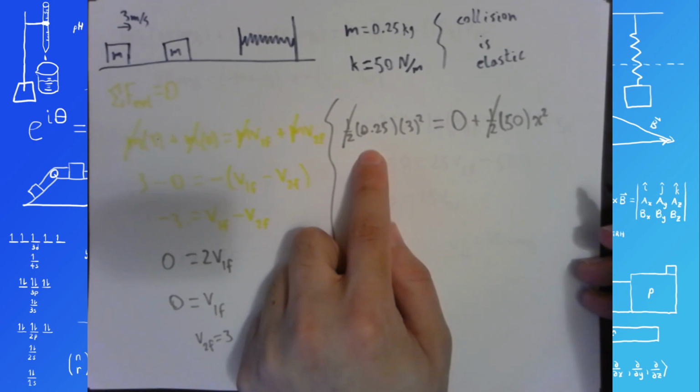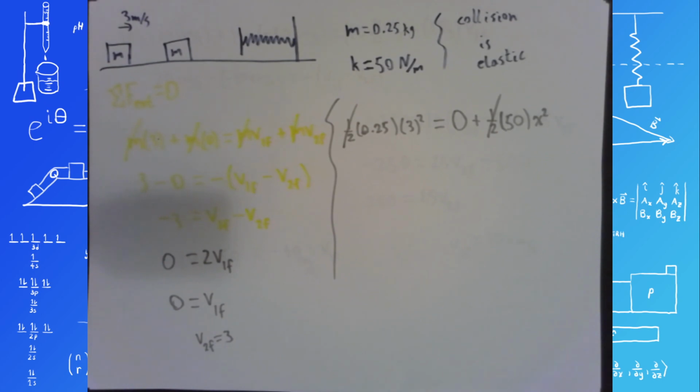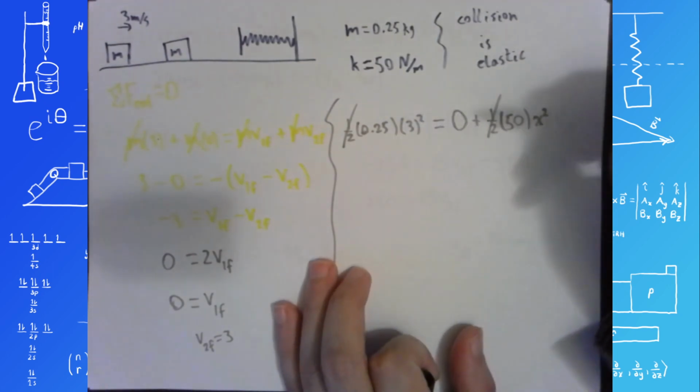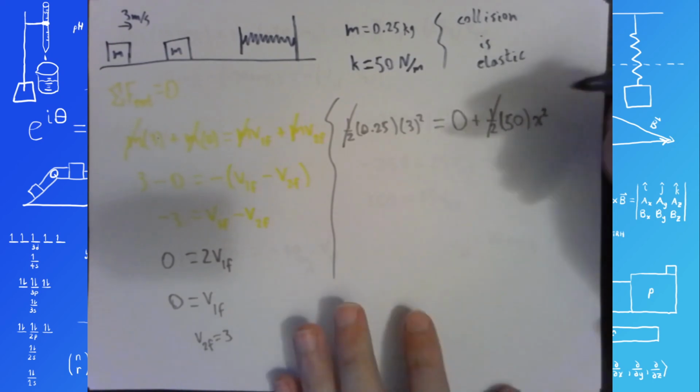So 0.25 over 50 is 1/200th, if I'm not mistaken. I'll just use the calculator for this. It's been a long day. My brain isn't fully functional. 0.005. Yeah, that's a 200th. 5 out of 1,000. Okay, so my brain is functioning better than I thought.